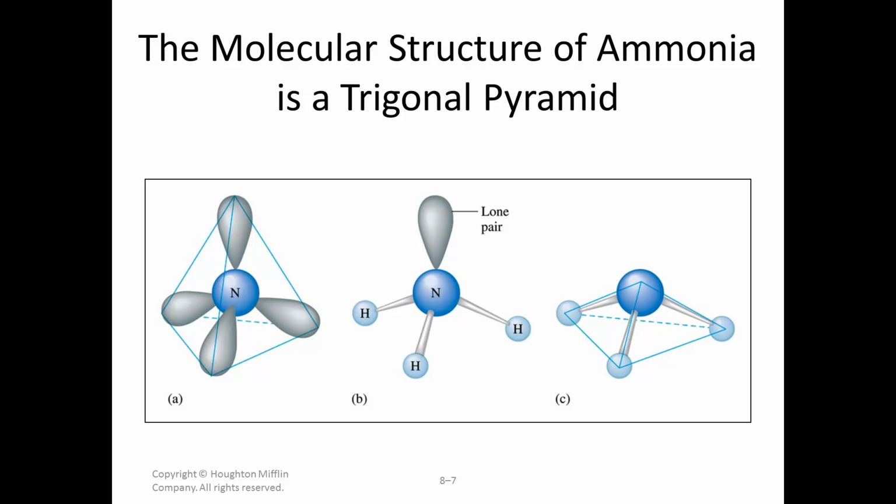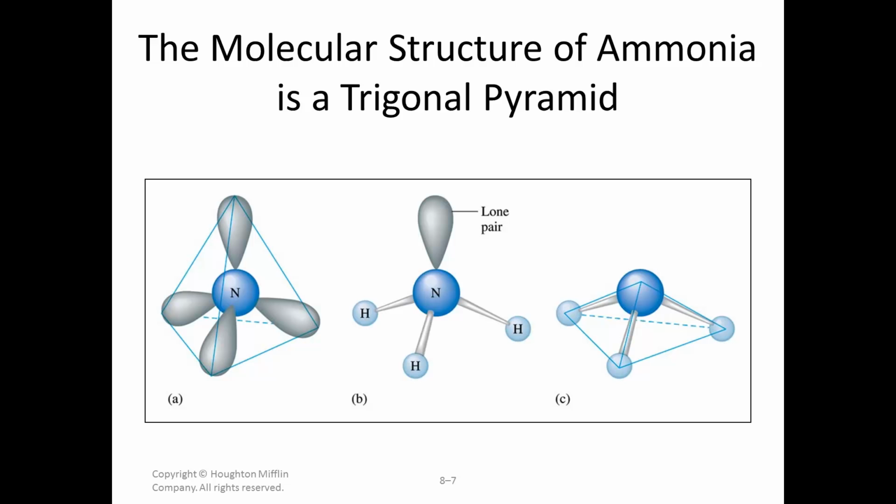Now when we look at ammonia, we have four groups of electrons around the central nitrogen, but only three hydrogen atoms. So the arrangement of electrons shown in A is tetrahedral. There are four.